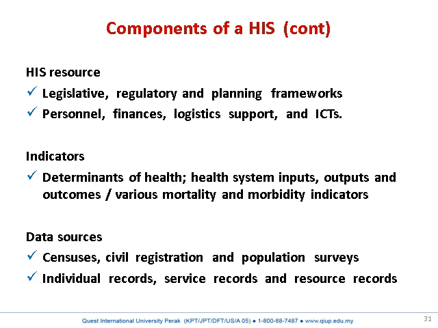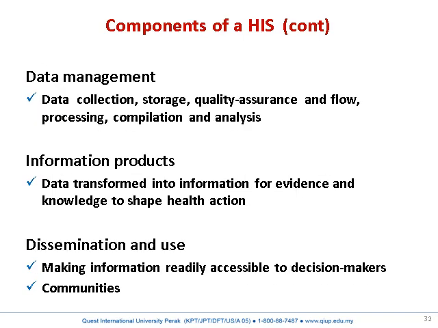Outcome means the mortality data and morbidity data, various mortality and morbidity indicators. Data sources. What all data sources are there in the health information system? Census, registration, population survey, individual record, resource records, service record, all things.